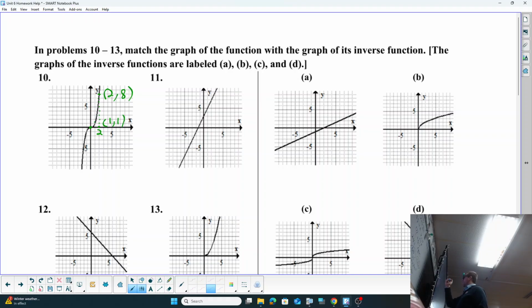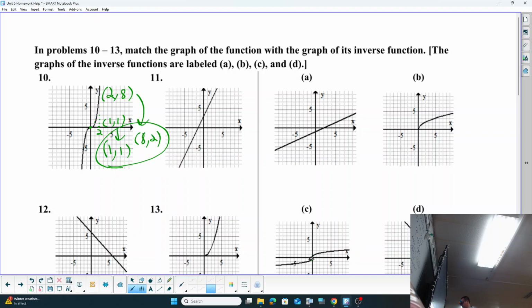And so we just want to go ahead and switch those now, right? This will be hard to see because we'll still have 1, 1, but then this one will switch and become over 8 up 2. So can you find a graph with 1, 1 and over 8 up 2? Maybe down here.